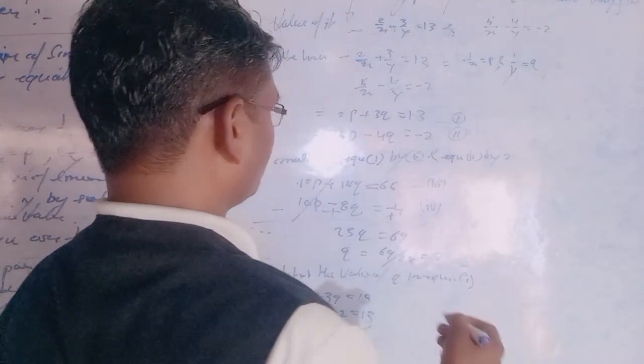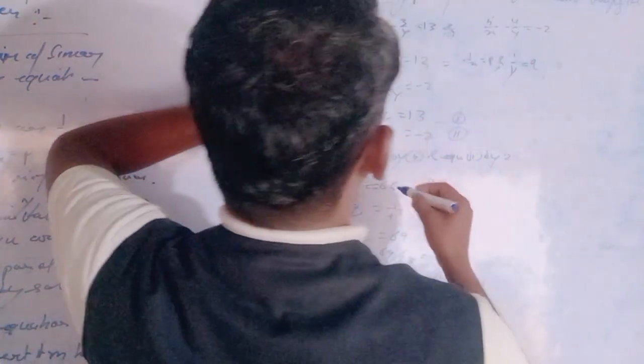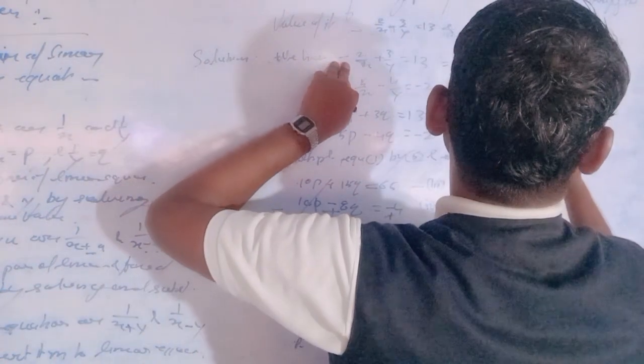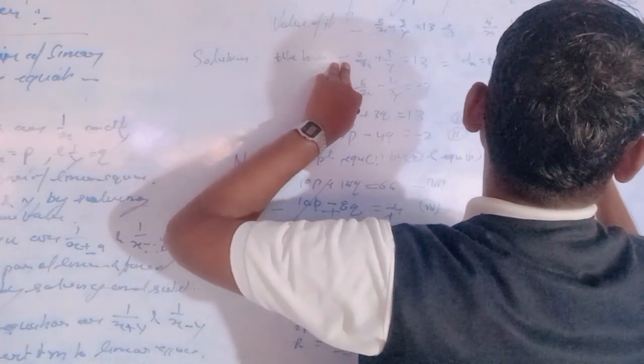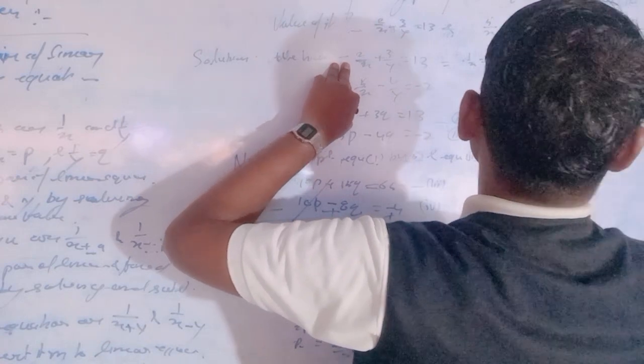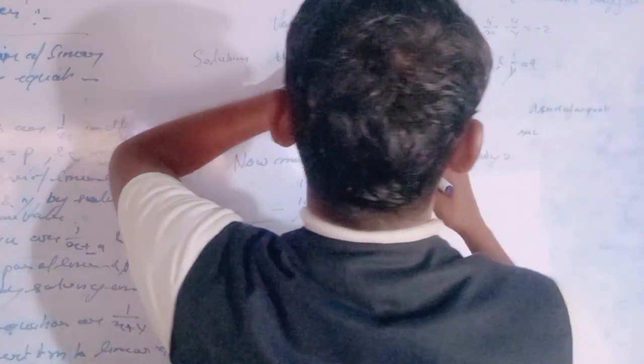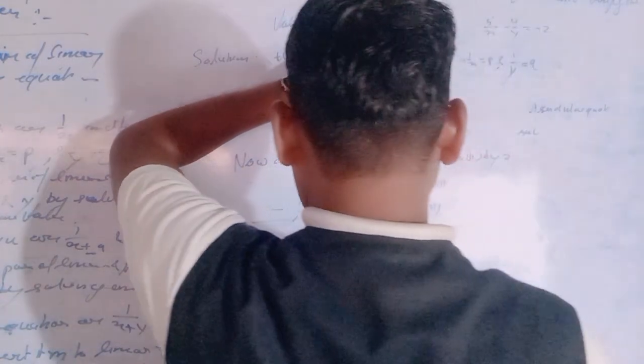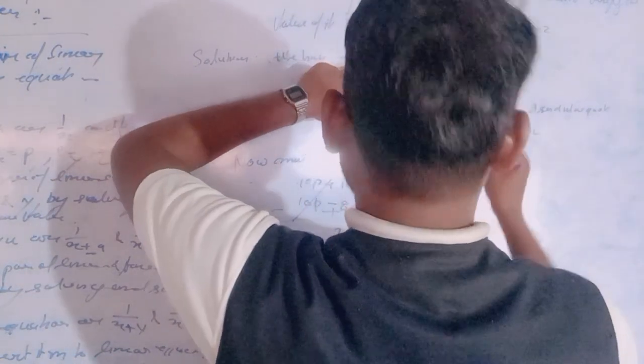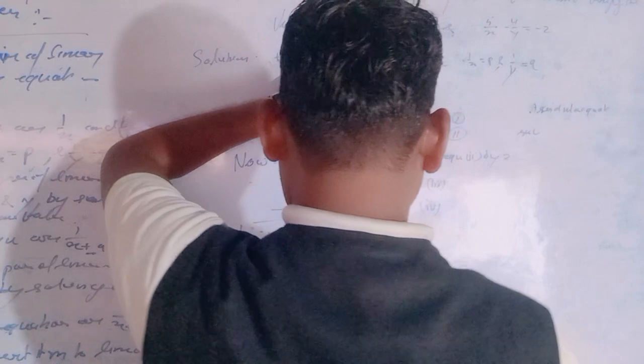Now according to the equations, we substitute the value: 2 by x is equal to p. So the value of p is 4.